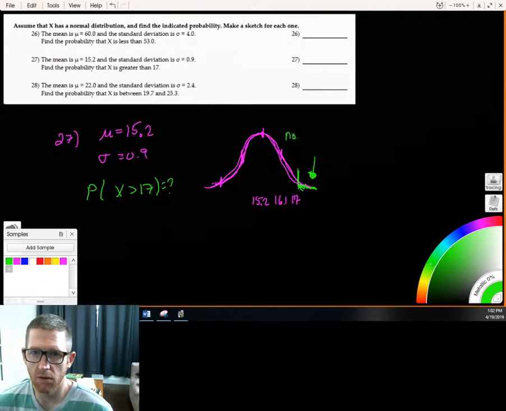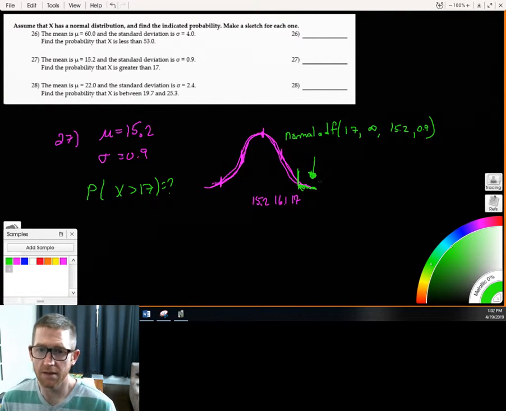So we would do a normal CDF from 17 to infinity, where the mean is 15.2 and the standard deviation is 0.9. Because I'm calculating the area above a value that goes infinitely this way, in the calculator I'm just going to write a bunch of 9s as the upper bound.